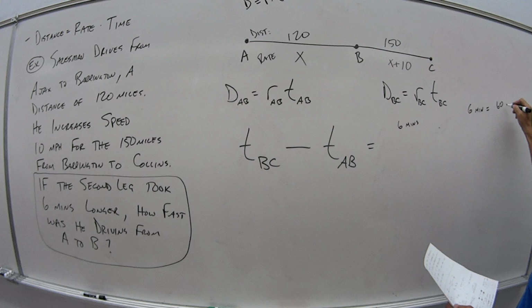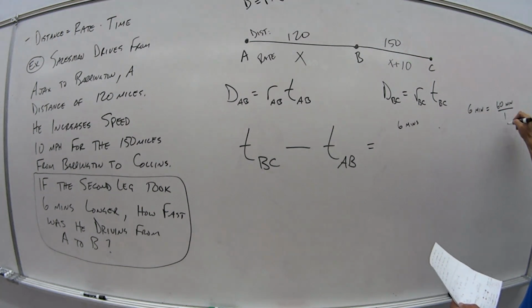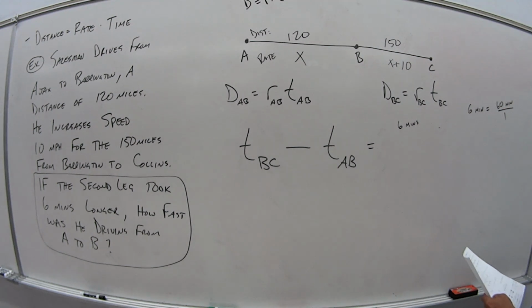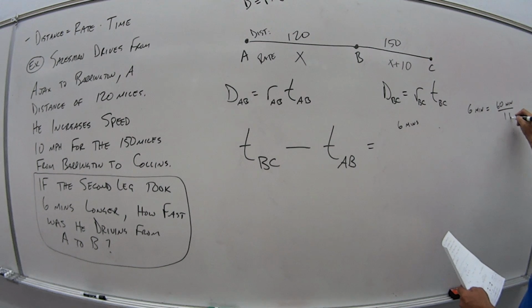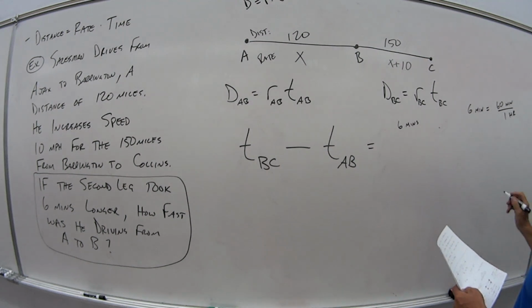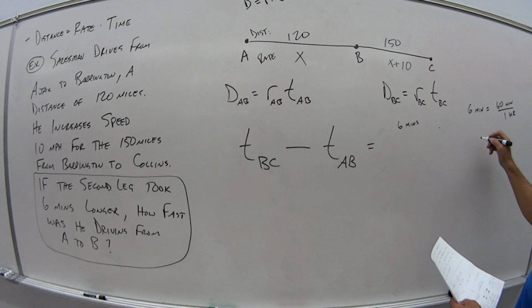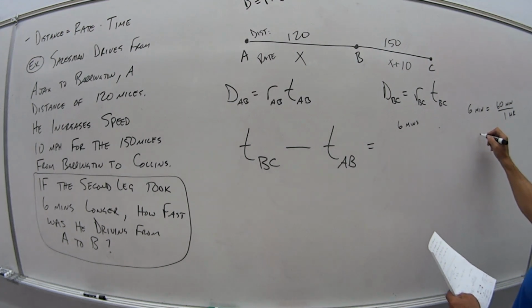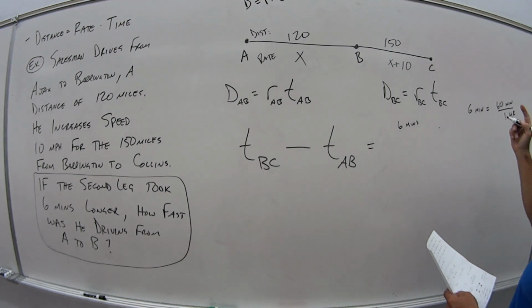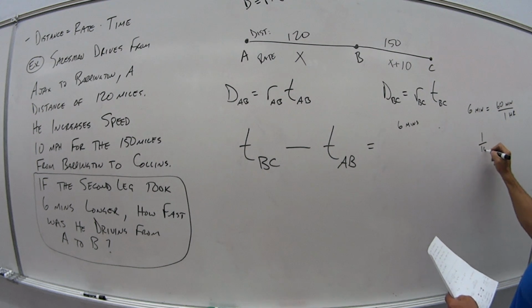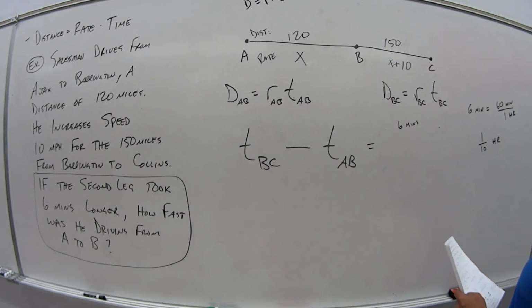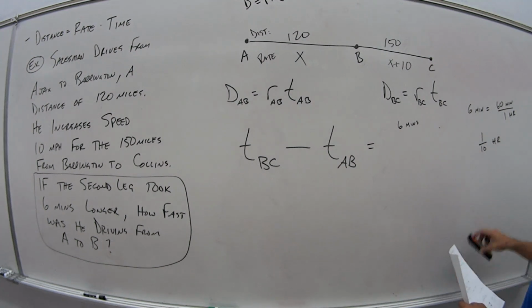There are 60 minutes in 1 hour, so therefore 6 minutes is equal to 1/10 of an hour. So how do I want to do this here? Let's see.